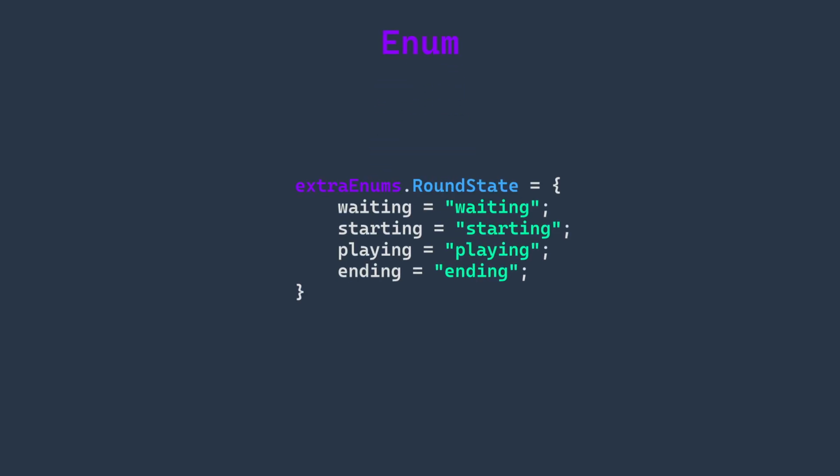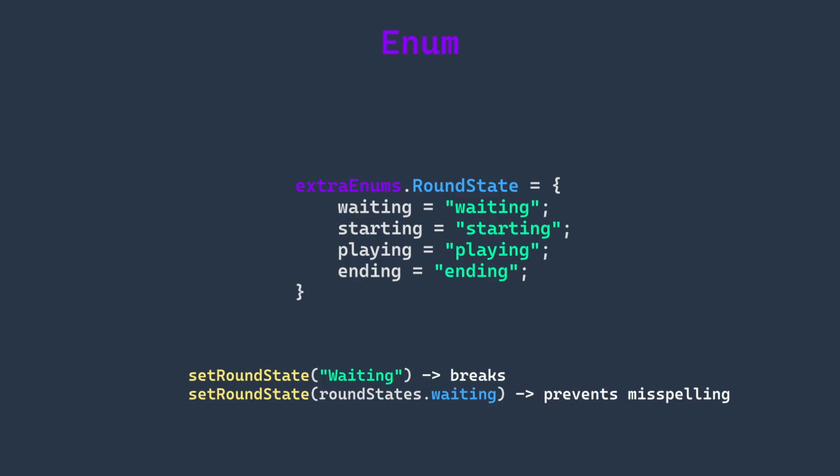So enum.roundState, we could turn it into a module, like this one here. We've got waiting, starting, playing, ending. So that way, instead of having to manually type these strings and hope that we spell it correctly every time, they have the same definition in all these different scripts. They have the same definition here. And so use these to keep shared meanings consistent, so that different modules can all talk about the same thing.